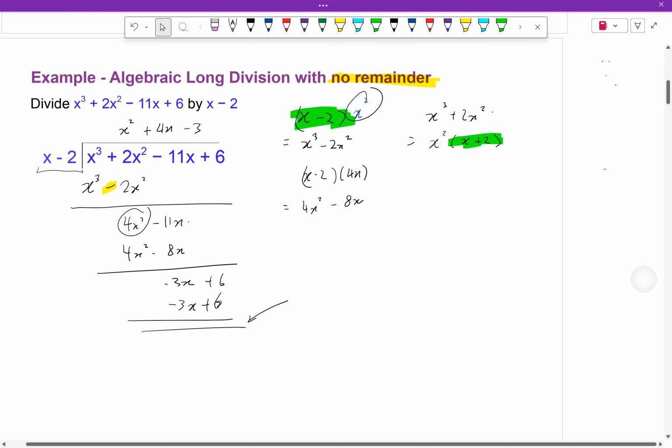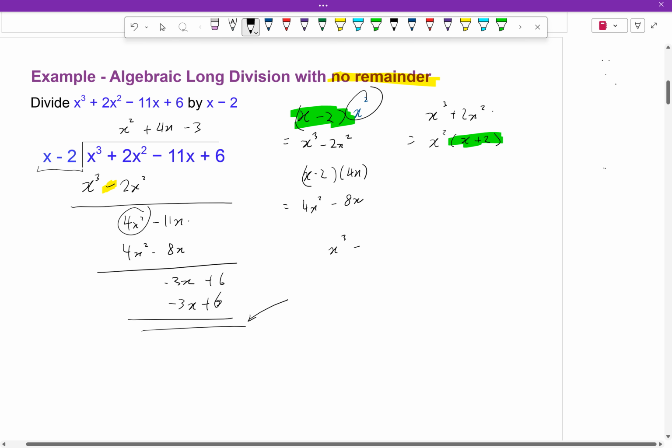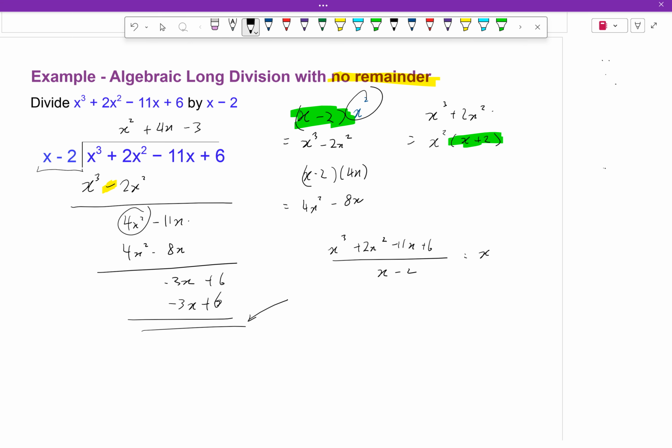So in this case, 我们的 x cubed plus 2x squared minus 11x plus 6 over x minus 2, this results into x squared plus 4x minus 3. So in a way, that means 我们这一个东西它是 equal to 我们的这个 form. Now, this will be really important in later of the part. But here's how we can express it.